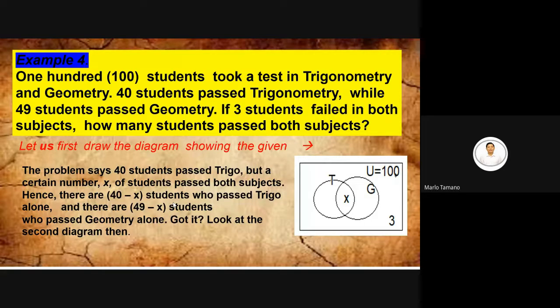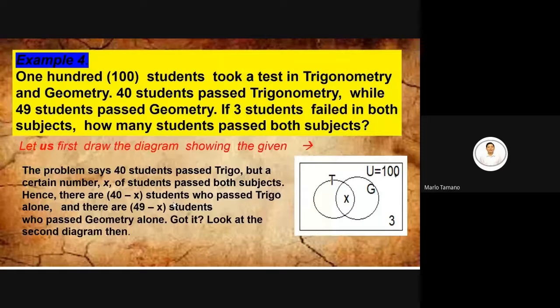Sino magbabasa? De La Cruz, pakibasa. 100 students took a test in trigonometry and geometry. 40 students passed trigonometry while 49 students passed geometry. If 3 students failed in both subjects, how many students passed both subjects?